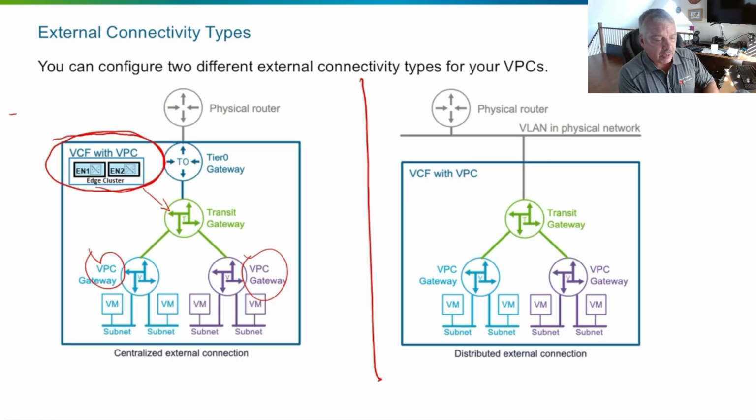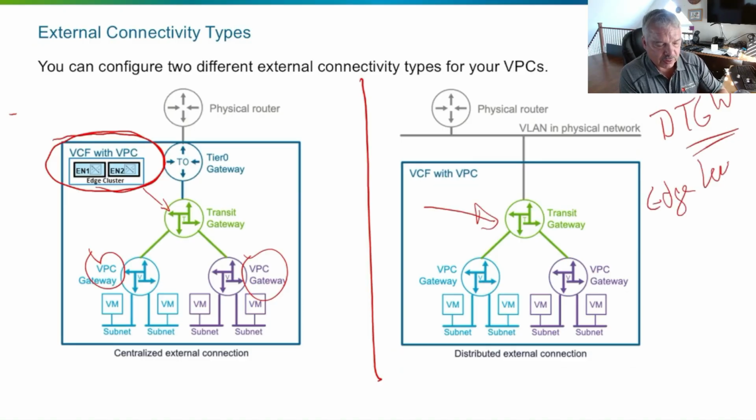The one on the right now is what we call the distributed transit gateway. Distributed transit gateway, okay? You'll notice here's your transit gateway. Hey, there's no edge. So this one on the right is edgeless, okay? Less resources. You'll see your transit gateway is connected right to the physical network. So there's a VLAN right there.